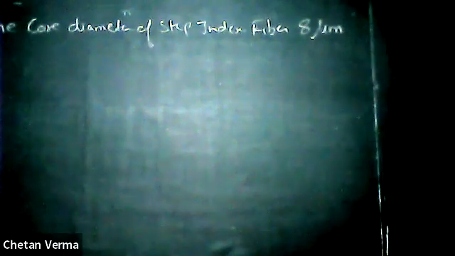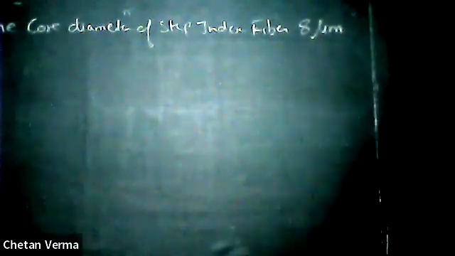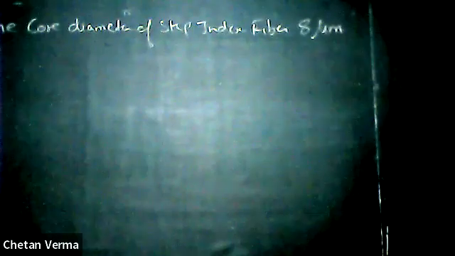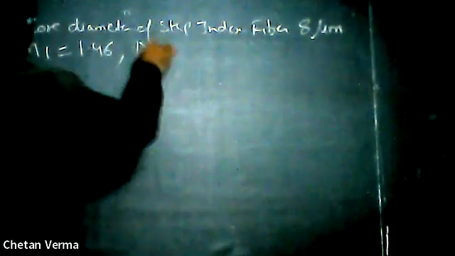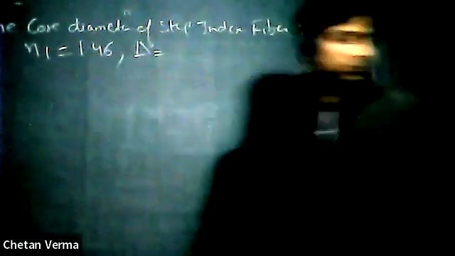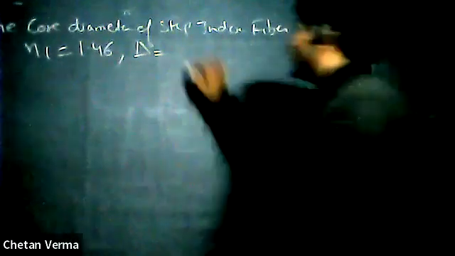The value of core refractive index and relative refractive index, that is your core refractive index n1 is equal to 1.46 and delta is equal to 0.3%.